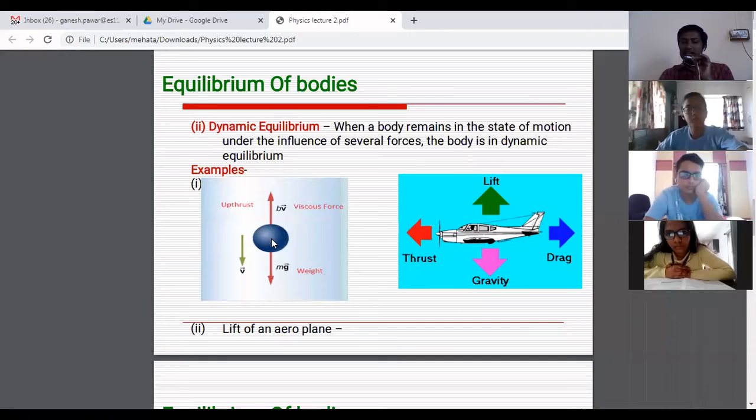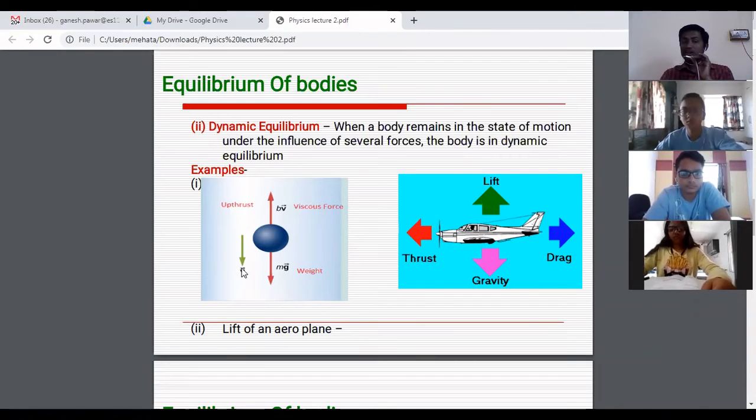Now the second upward force is the viscous force. We know the concept of air resistance. When any body is moving through a viscous medium, just like air, under the motion of this raindrop, the viscous force will always act opposite to the direction of motion.